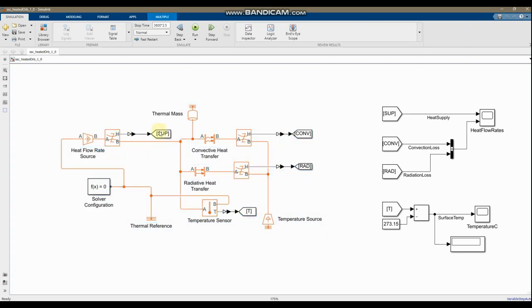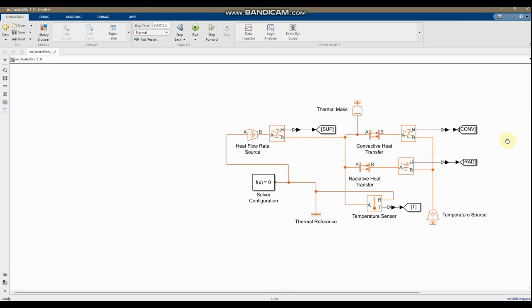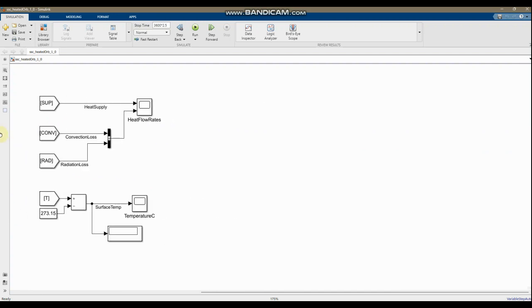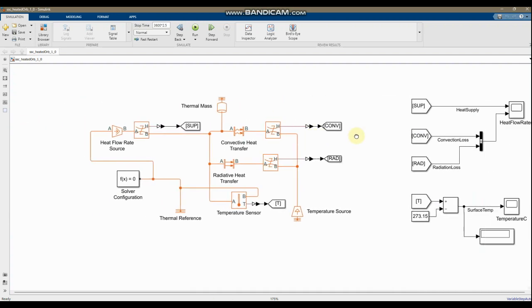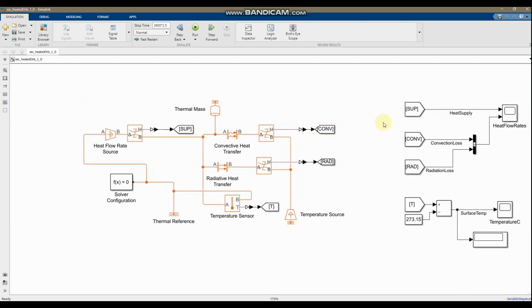So what I have done is I have used a block called the go-to block and another block called the from block in order to keep those blocks away from our physical model. Right. So I have kept those things apart, but the connection exists.